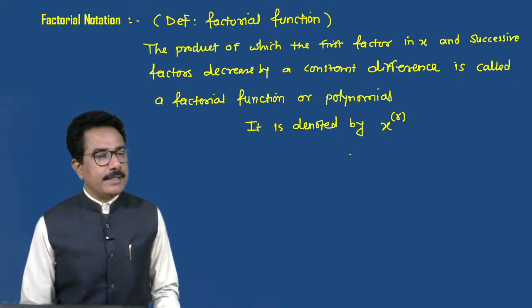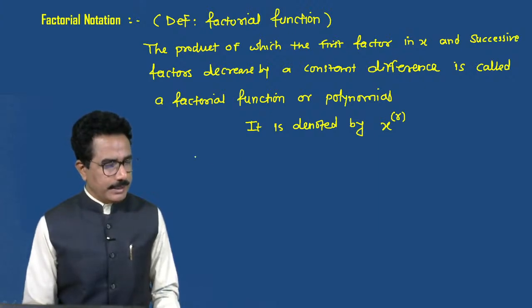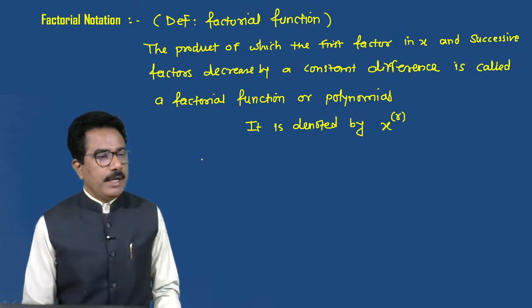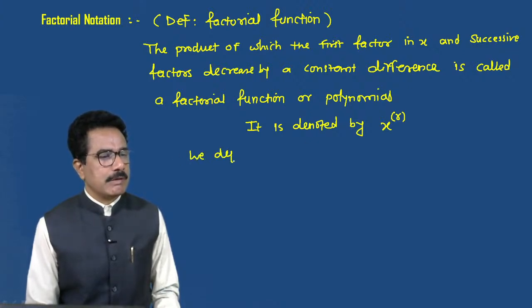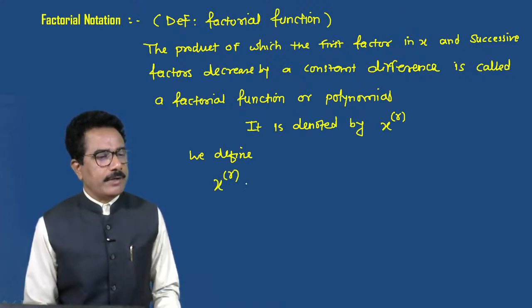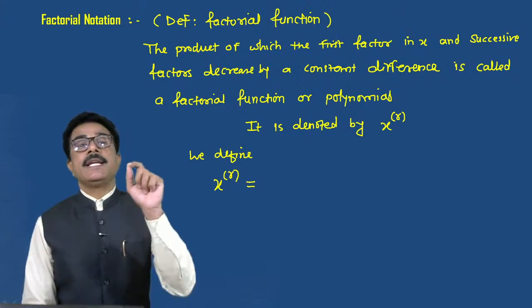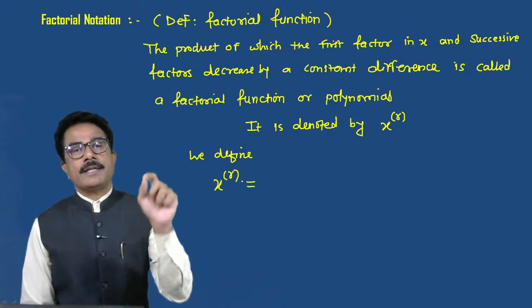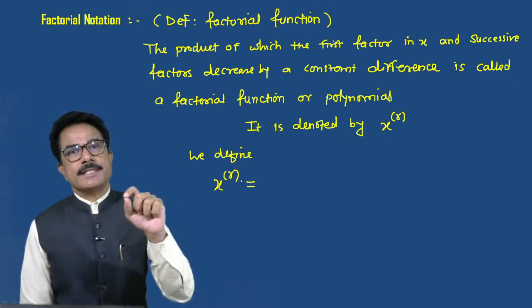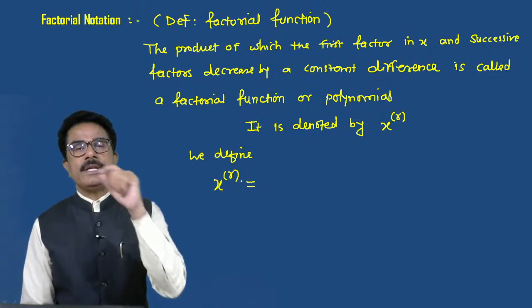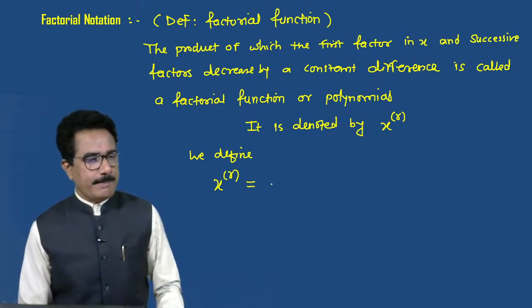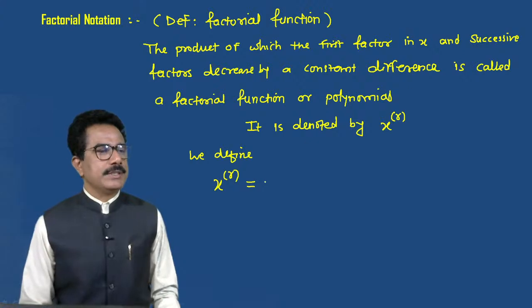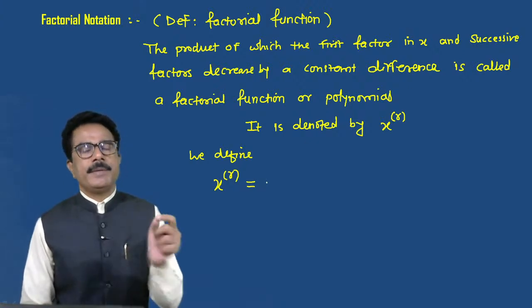So we can write x raised to r factorial, and we define x raised to r factorial as the product of the factors of x starting with x and going on successively decreasing by a particular constant.